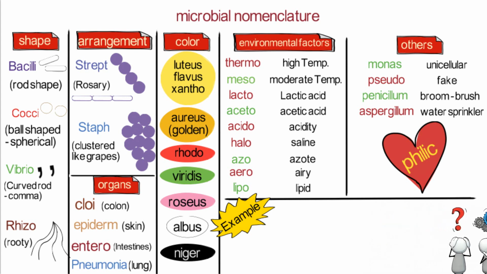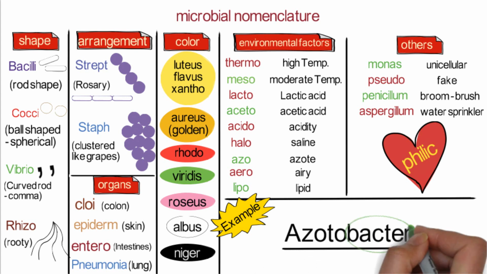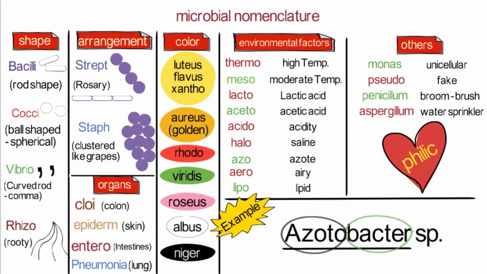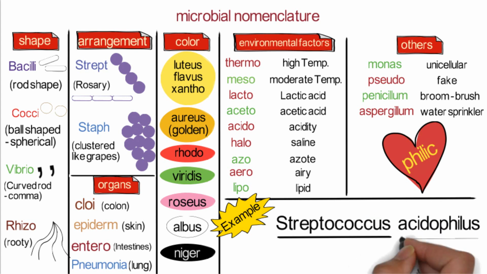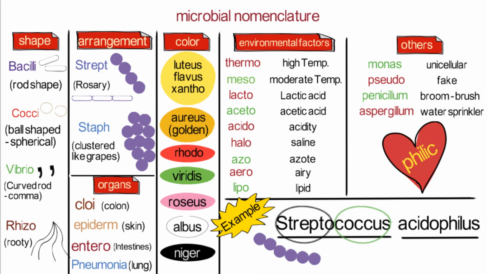And describe these microorganisms. Azotobacter. Once you look at this Latin name, you will guess that it is a bacteria that fixes nitrogen. Streptococcus acidophilus. From the genus, you can describe this bacteria and say it has spherical cells arranged in a rosary chain.